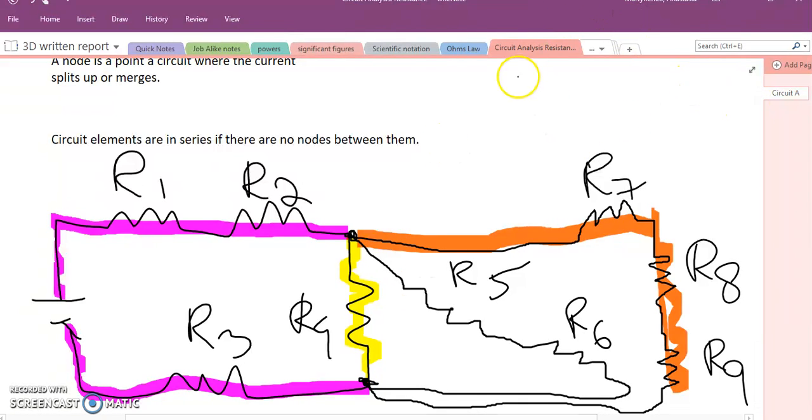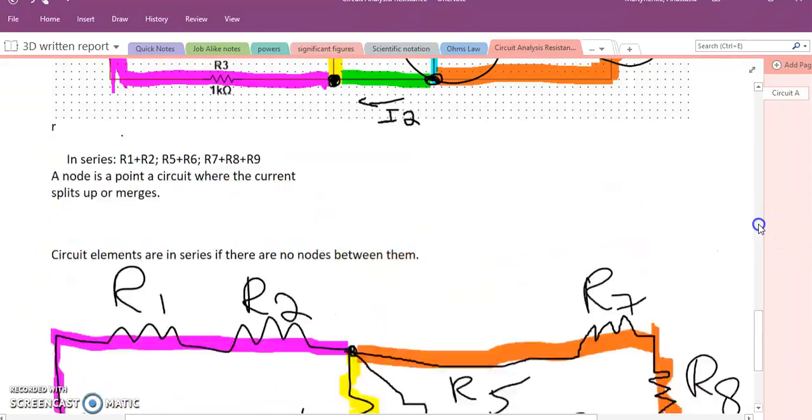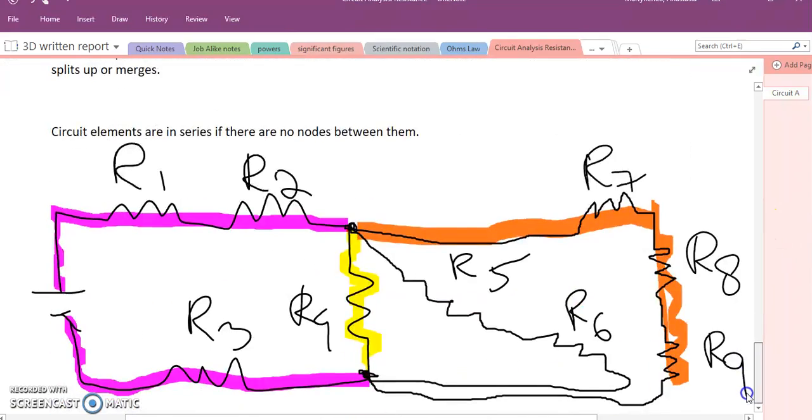So now you can see that all of my parallel branches actually start together in one node and end together in the other node. And this is really the condition for being parallel. Your branches are parallel if they all start in one node together and all terminate in a different node together. That's what it means to be parallel.